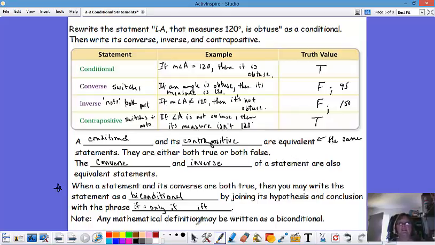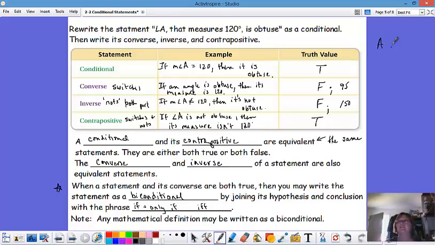Folks, any mathematical definition can be written as a biconditional. It works both ways, okay? Definition for an even number. If a number is even, it's divisible by 2. If you do the converse of that, if a number is divisible by 2, then it is even. Both of those are true. Therefore, you could write that definition as a biconditional, and it would look something like this.